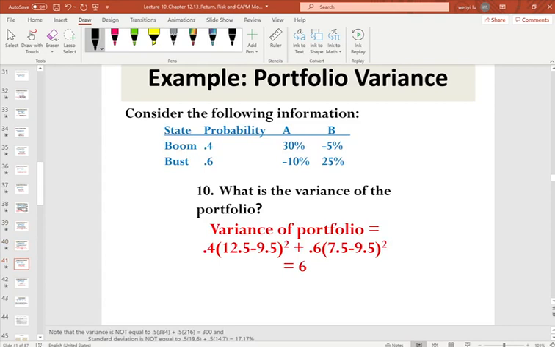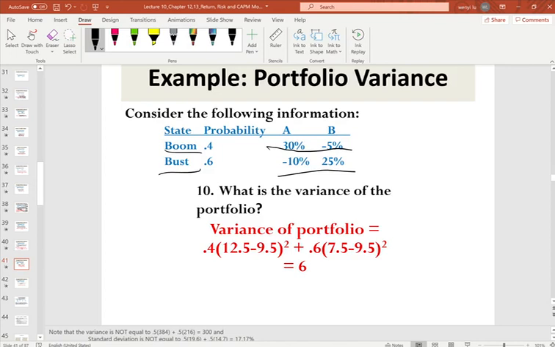We are not sure whether these two stocks show the same trend or the opposite trend when they experience different states of the economy. It seems these two stocks move in opposite directions in different states of the economy.